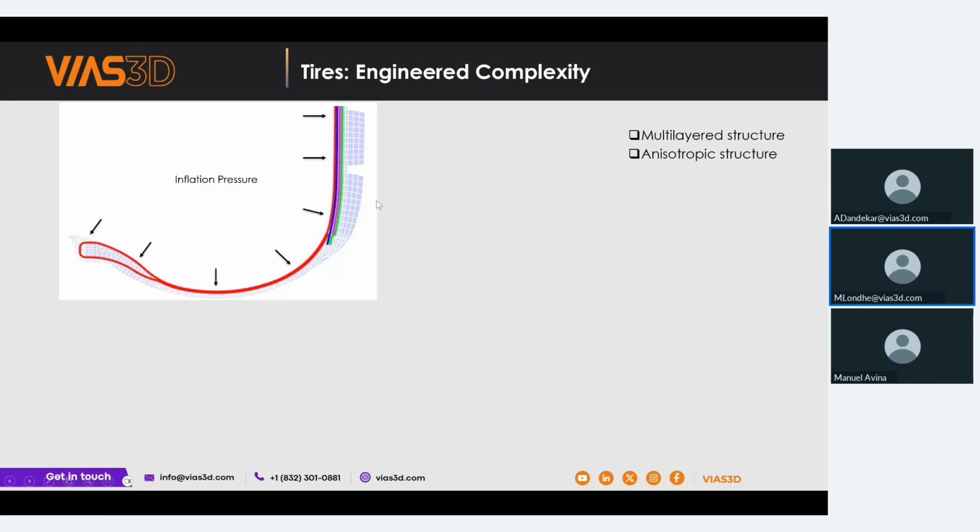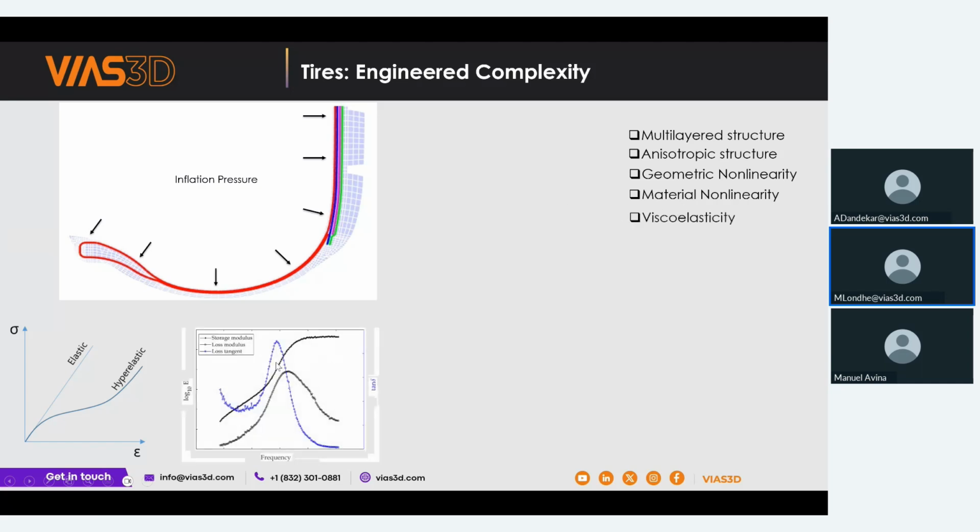Similarly, with the inflation pressure, driving conditions, and loading conditions, a tire normally undergoes large deformation that is responsible for geometric nonlinearity. Rubber is the main constituent of the tire. Hyperelasticity is the key property of rubber, so it is also responsible for material nonlinearity. Another main property of rubber is viscoelasticity, that is, the properties are a function of time.